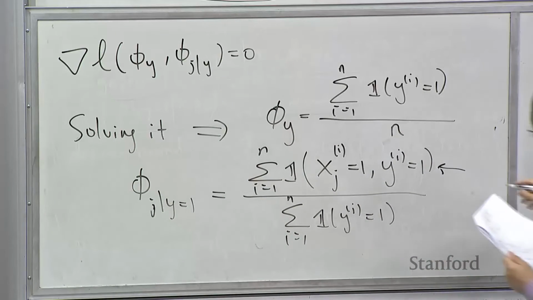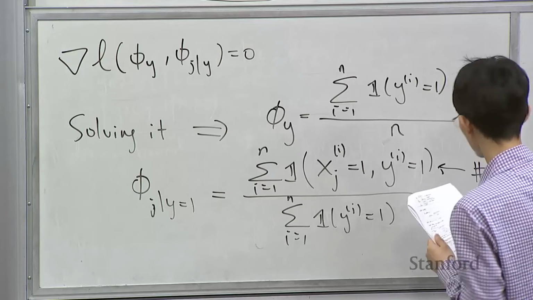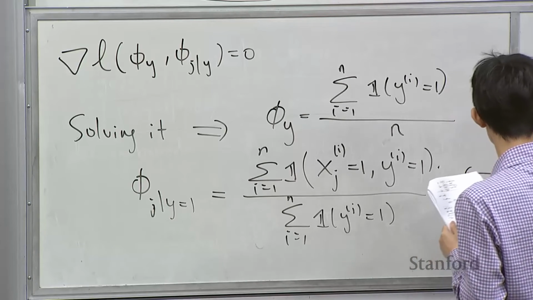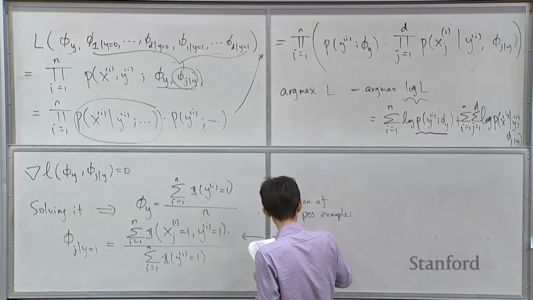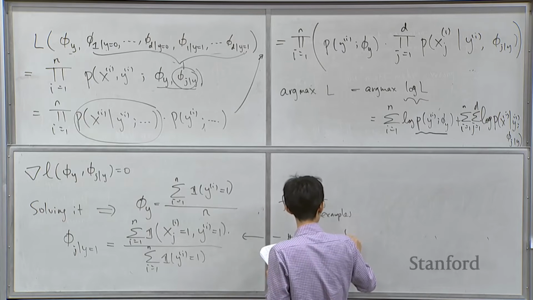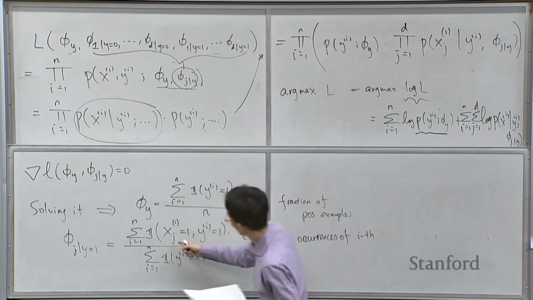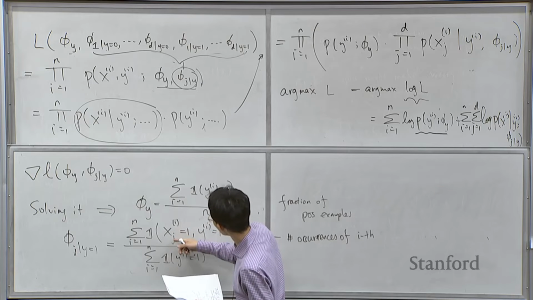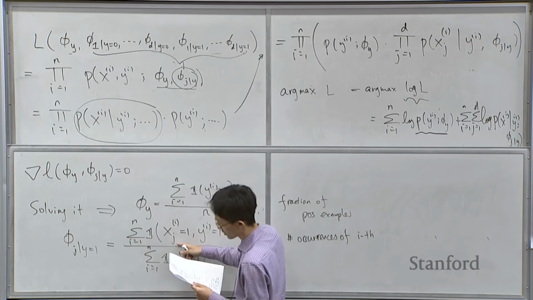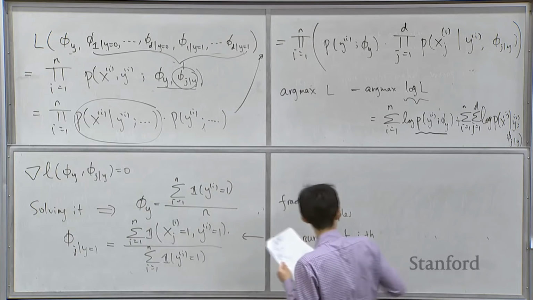This is the number of occurrences of the jth word. It's only 1 when the ith example contains the jth word, right?